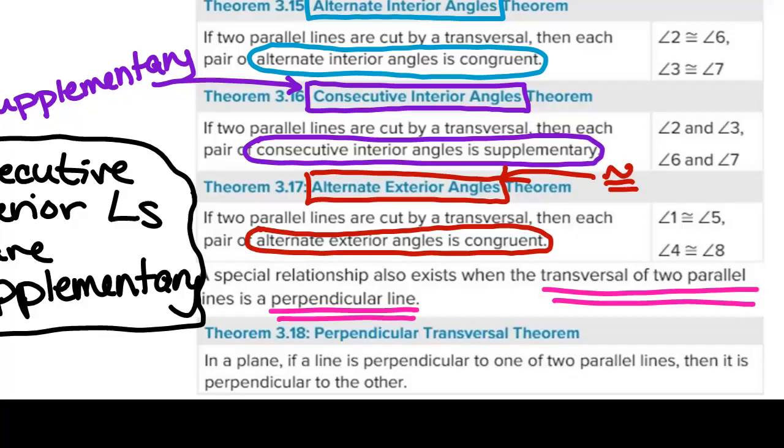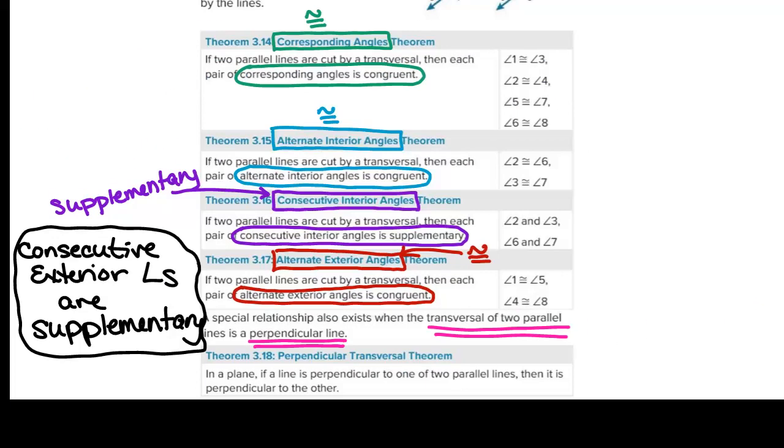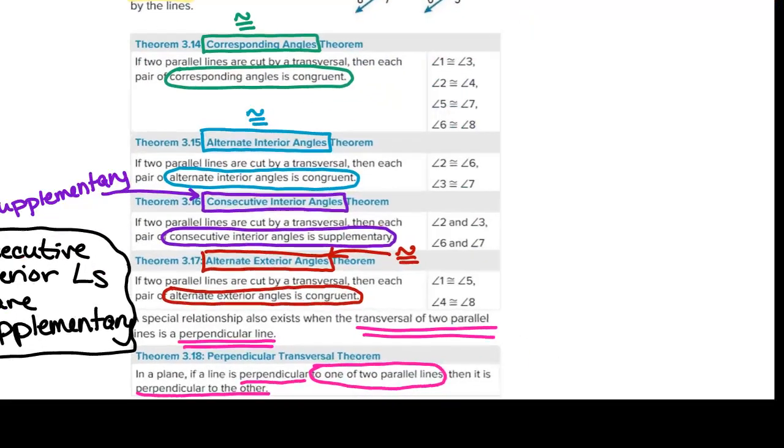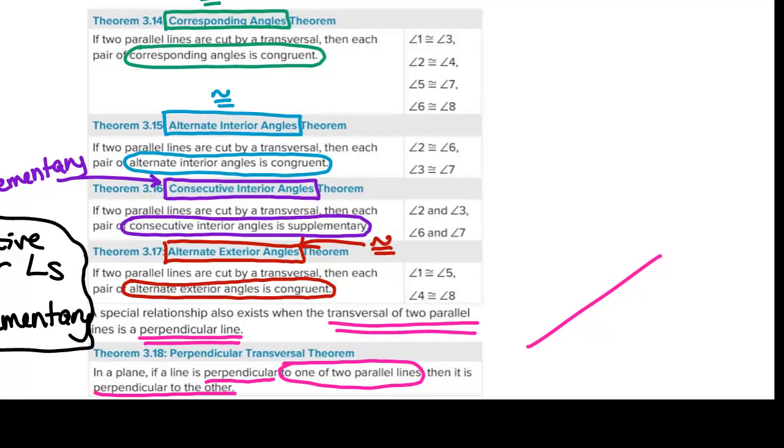In a plane, if a line is perpendicular to one of 2 parallel lines, then it is perpendicular to the other. So if I have 2 lines like this, and we put little arrows on these lines to show that they are parallel.